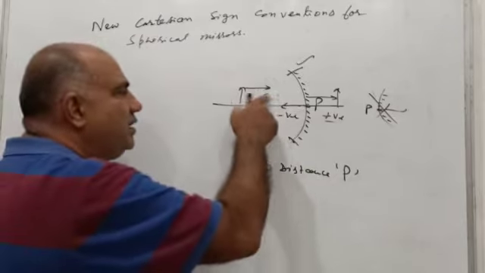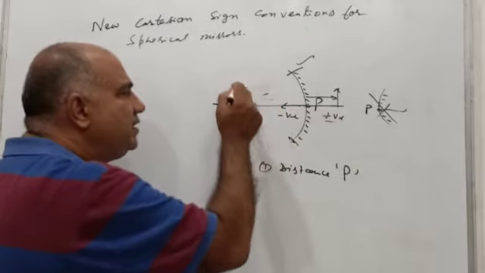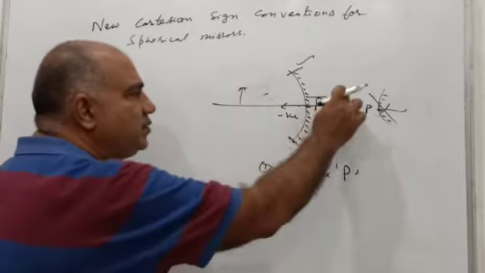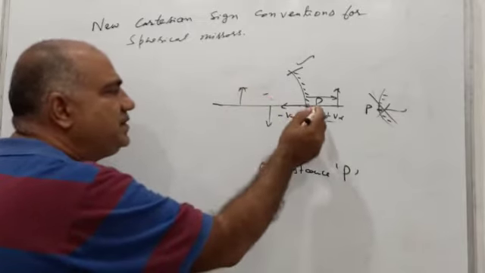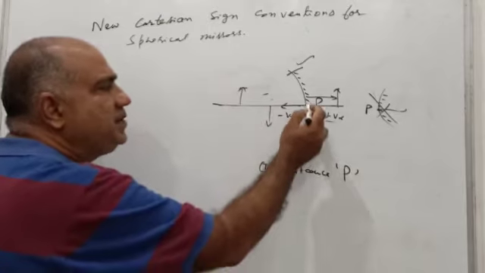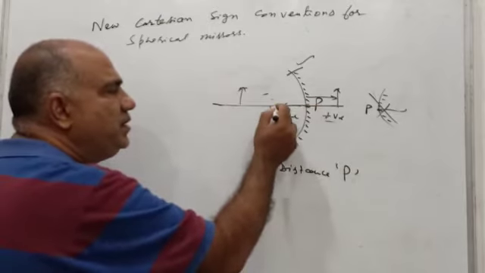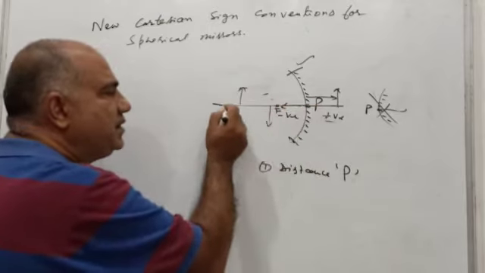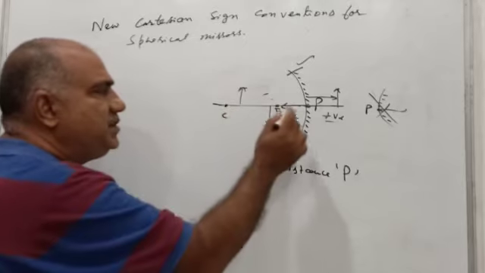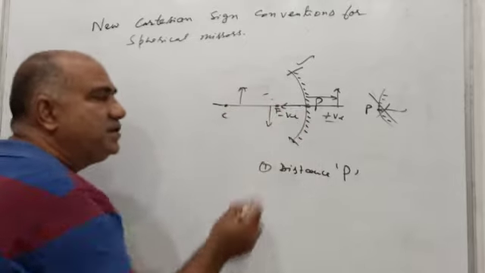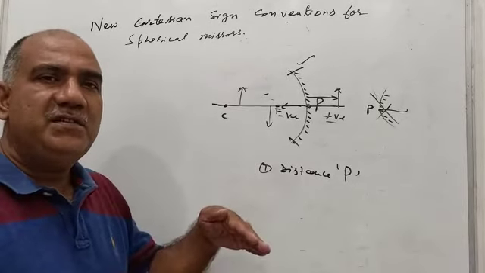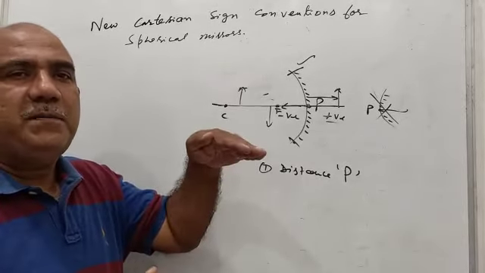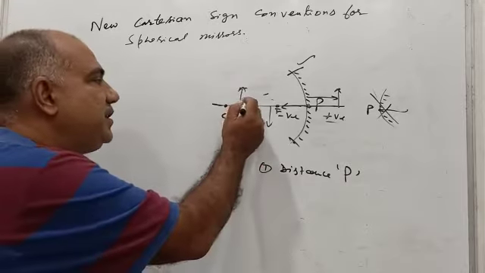And for measuring the height, which has been referred to in most books as the distance itself, the reference is again the principal axis. Principal axis is the straight line that joins the pole, the principal focus, and the center of curvature. Any distance above the principal axis and perpendicular to it is taken as positive.